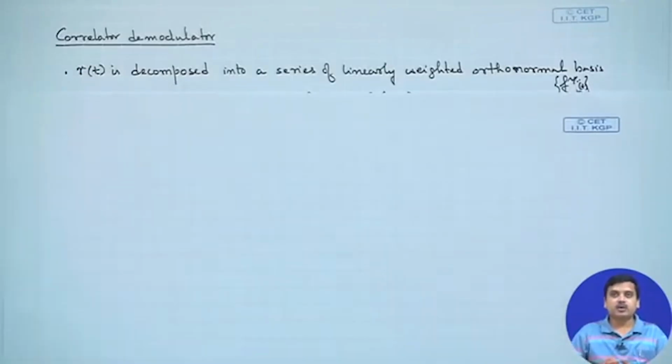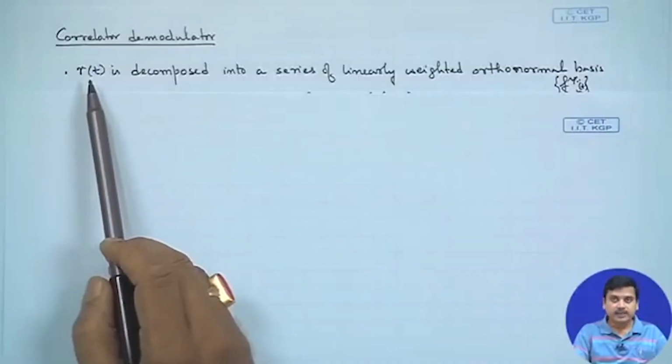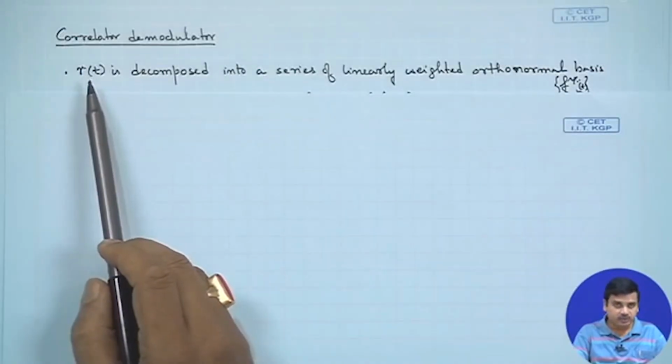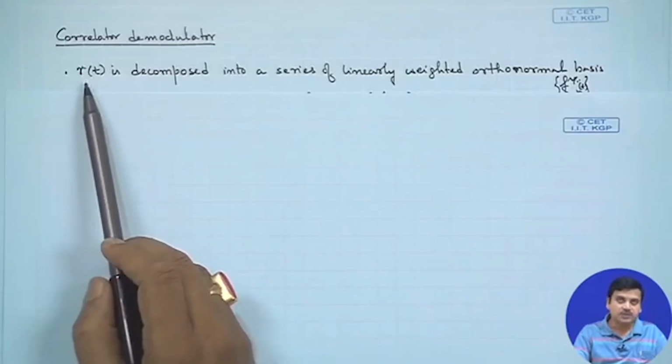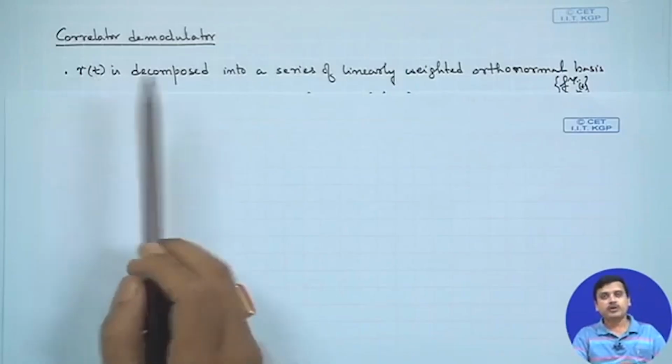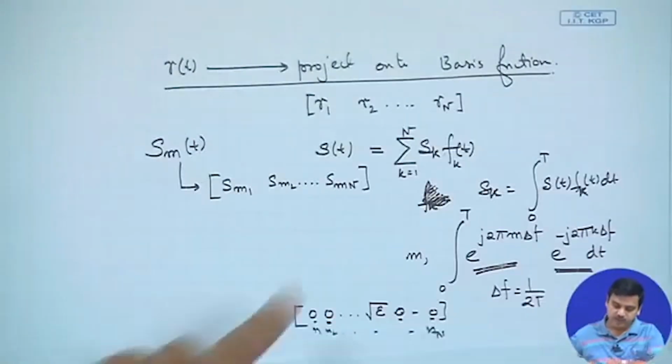So, it is similar to S(t) being represented as a weighted linear combination, where the weights are the components of the signal on the basis functions. Since S(t) could be constructed by taking S_k, which are the coefficients, along with f_k as the basis, here it is the reverse process, that means finding the coefficients for the signal corresponding to the basis function. And that is basically projection, which we have explained over here.